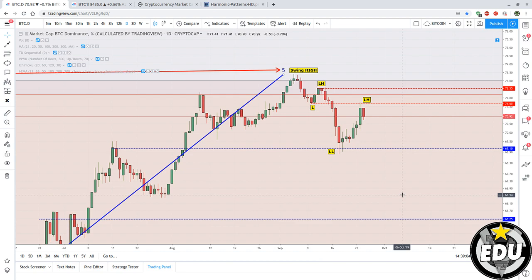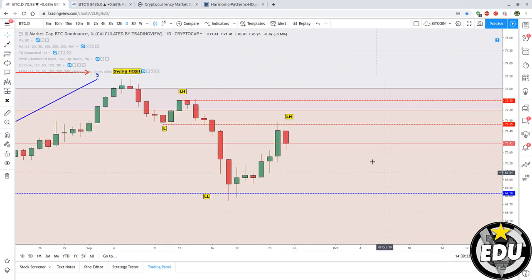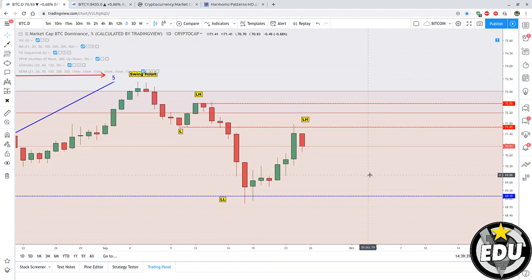Something I learned from my friend Timon, that is helping me a lot when trading, is to focus more on local swing lows and swing highs, focusing on supply and demand. They are very local. What I mean by this is, you see this price action right here. Sometimes it's better just to look at this.